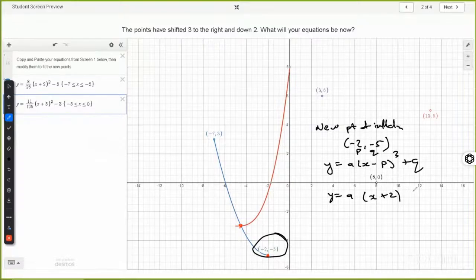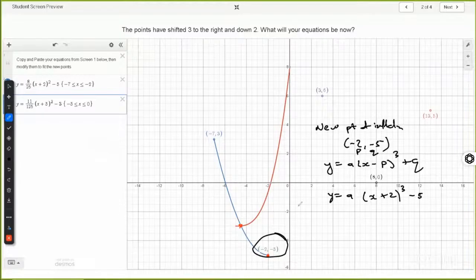Again, we're shifting it right and down to the point of -5, and that is the equation.